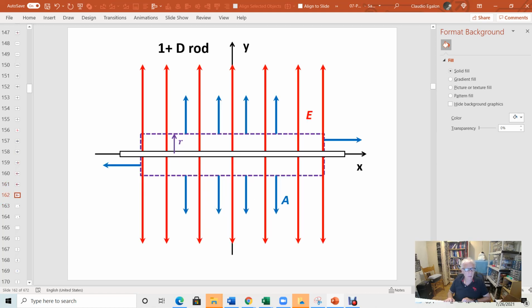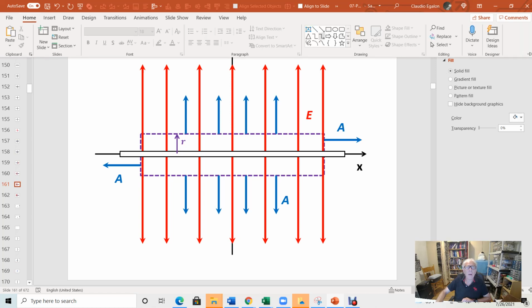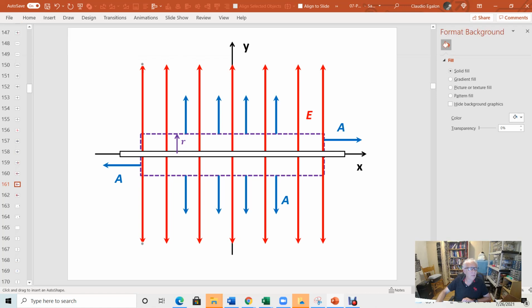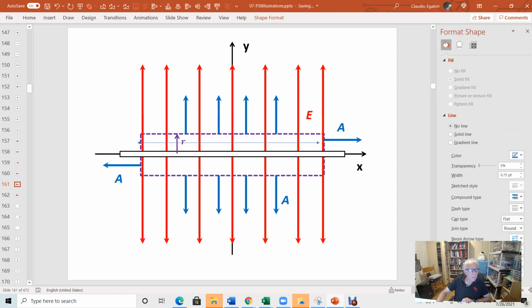No, I didn't put L. It's a good idea to write it down, length L for this imaginary surface.